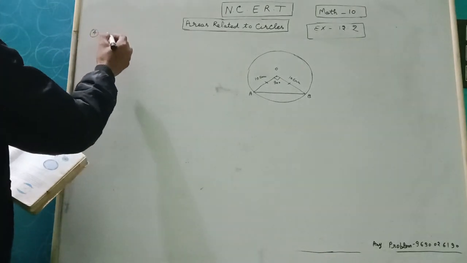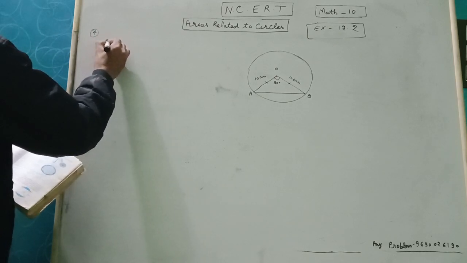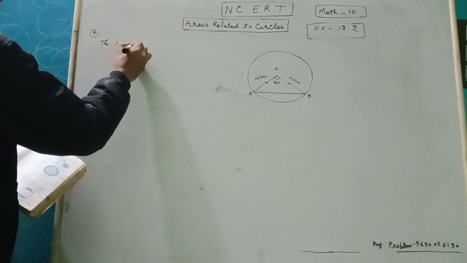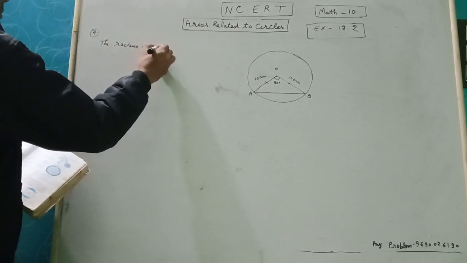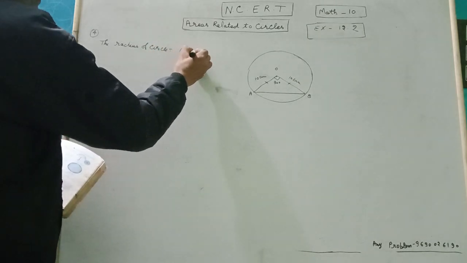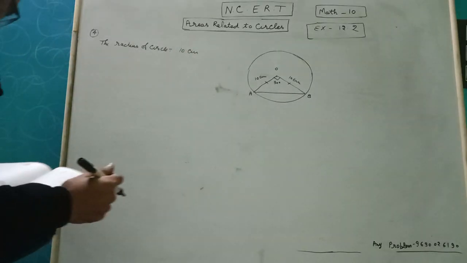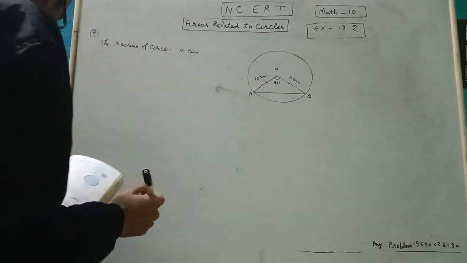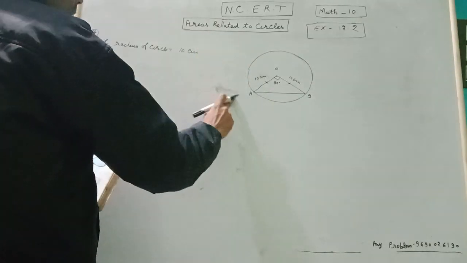Question number 4. The radius of the circle is equal to 10 cm. We find the area of the minor segment and the major sector. Pi value is 3.14.